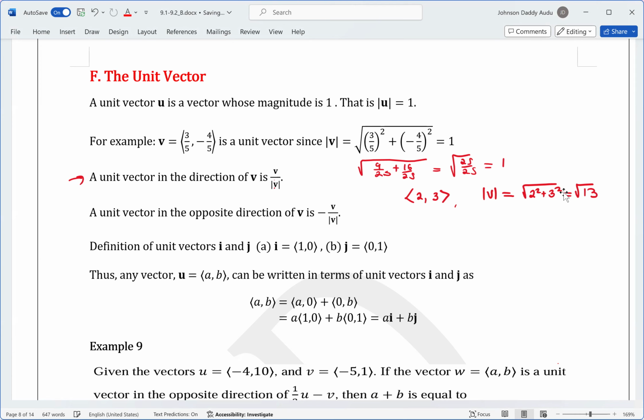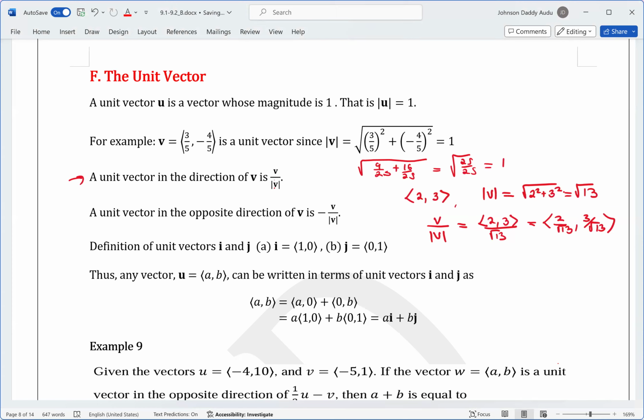But you can calculate v over the magnitude of v, which is just going to be (2, 3) divided by the magnitude, which is root of 13. And this will become (2/root 13, 3/root 13). So now this is the new vector.